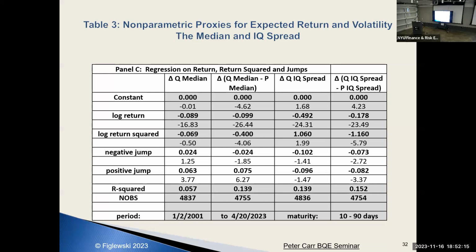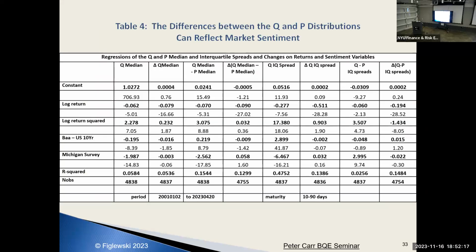I don't want to linger on this too long because I want to show you a couple of other things here. Tables 2 and 3 that you've just seen some samples of look at how the P and the Q are different and how they respond to the kind of returns-based variables we normally put into our models.